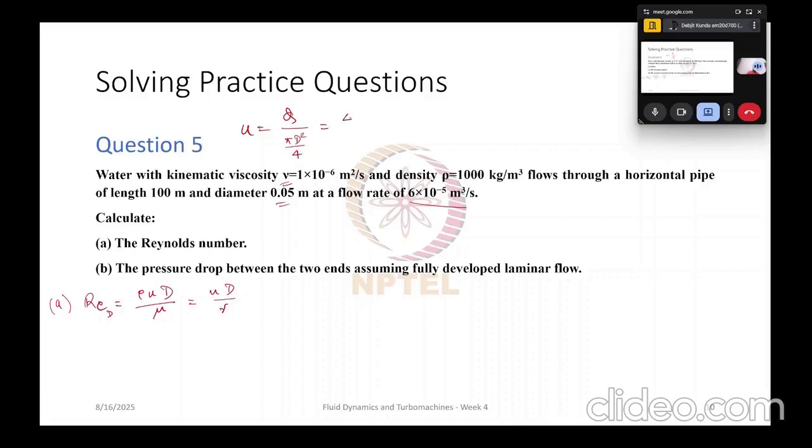So let's evaluate this. 4 into flow rate, which is 6 into 10 power minus 5, and this has to be divided by pi into d square. D is 0.05, so 0.05 squared. I'll take the help of my calculator here.